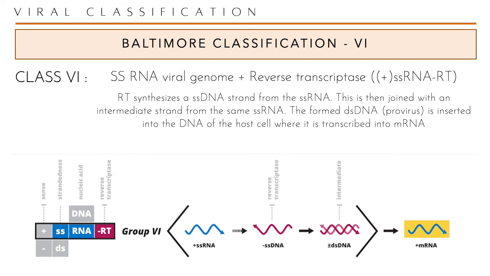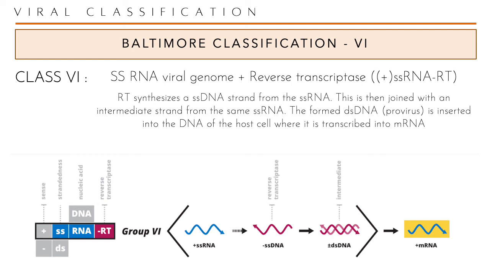The normal setting is that the DNA becomes RNA, correct? Ba? But with the reverse transcriptase, you can convert an RNA into a DNA strand. This is then joined by an intermediate strand, which is created with the single-stranded DNA to form a provirus, or the double-stranded DNA.